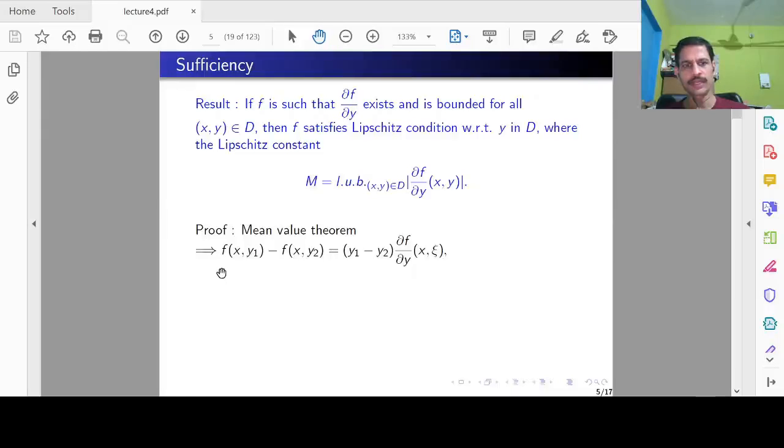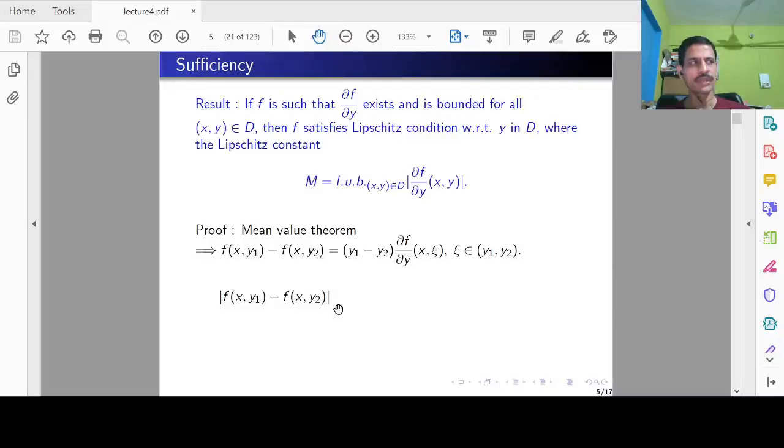So we can write f of x comma y1 minus f of x comma y2 is equal to (y1 minus y2) times del f by del y of x comma xi, where xi lies between y1 and y2.